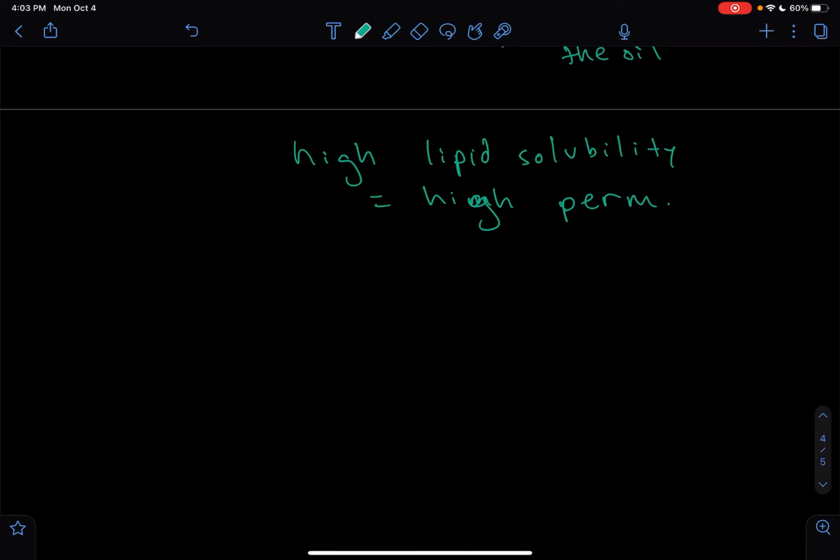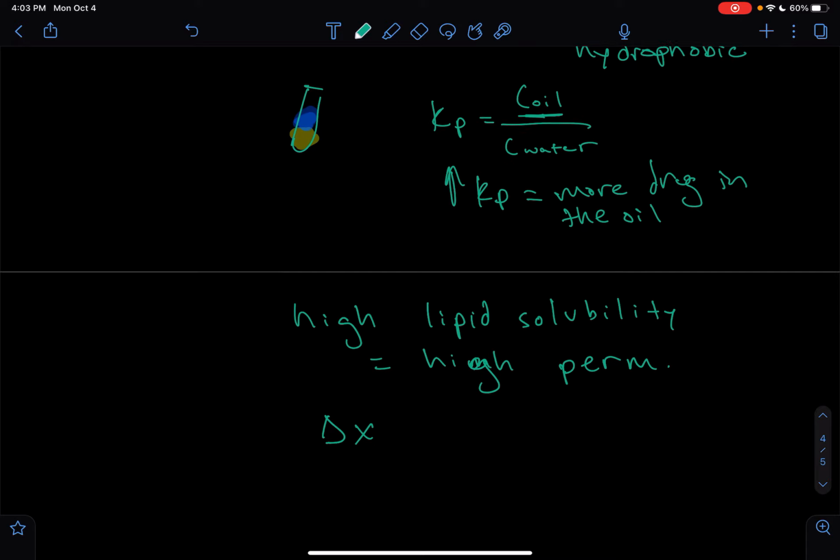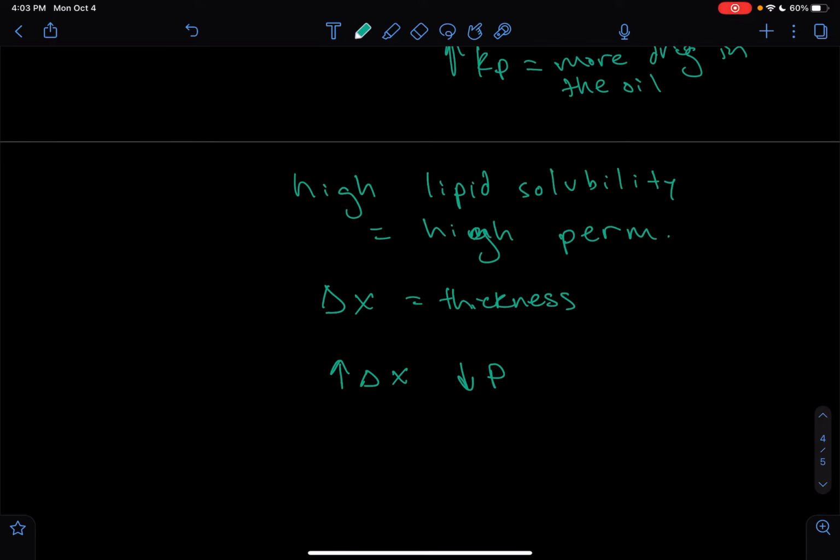Okay. The second thing that we want to consider is delta X. If you remember, if we look up here, delta X is on the bottom. Delta X is just equal to the thickness of the membrane. As thickness increases, so increased delta X, permeability decreases. Think about it. If I have a thicker wall to get through, is it going to be harder to get through or easier?